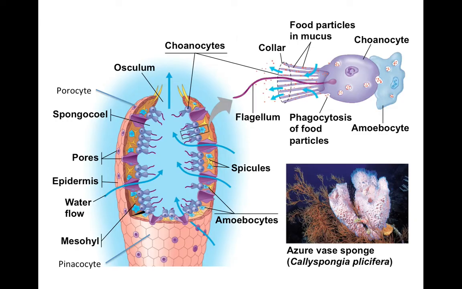So what are those cells, and what are those structures that comprise a sponge? Well, within the sponge, let's start with these choanocytes over here, these collar cells. The choanocyte, you might look at that and say, hey, that looks kind of familiar. I feel like we've seen something like that before, and we have.